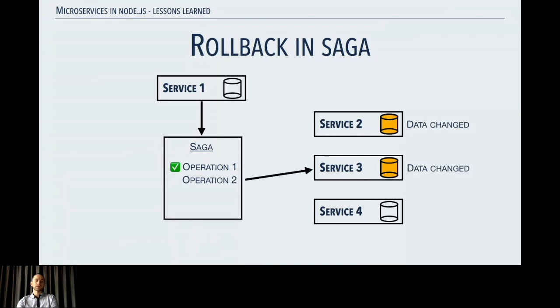Then we are executing even more operations on another service. It also results in data changed in service 3, but then we've got some error on service 4, and SAGA was informed about that, and it should handle that situation somehow, because as you can see right now, we've got data inconsistency in our system.